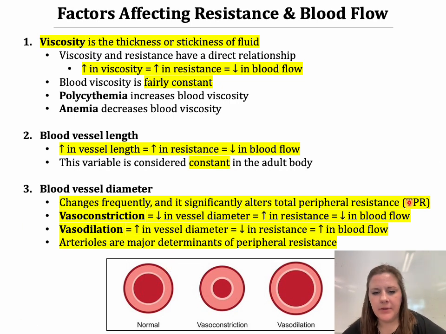Blood vessel diameter is, without a doubt, the most important factor dictating blood flow and dictating blood pressure in the body, in any animal. This can change frequently, the blood vessel diameter, and that significantly alters the total peripheral resistance.